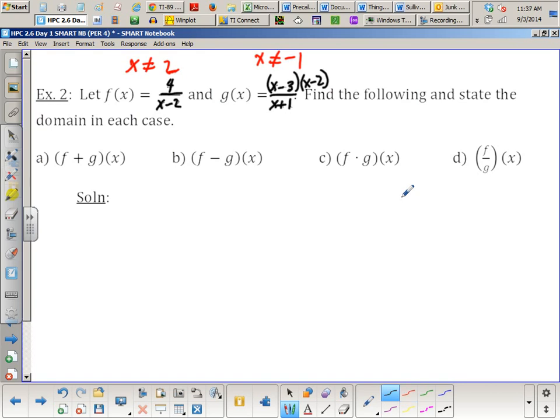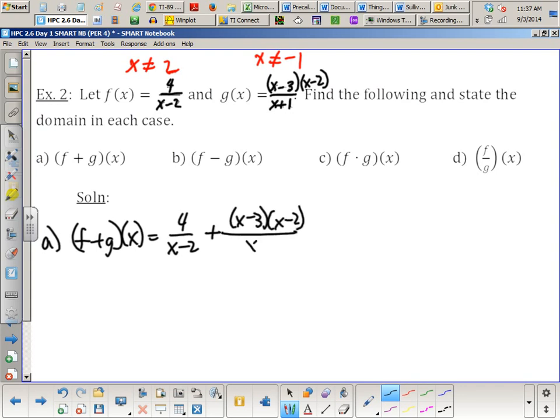Okay, so let's run through this. The first one is f plus g. So 4 over x minus 2 plus x minus 3, x minus 2 over x plus 1. Okay, so how do you add fractions? You need a common denominator. Here's a quick and easy way to add fractions.